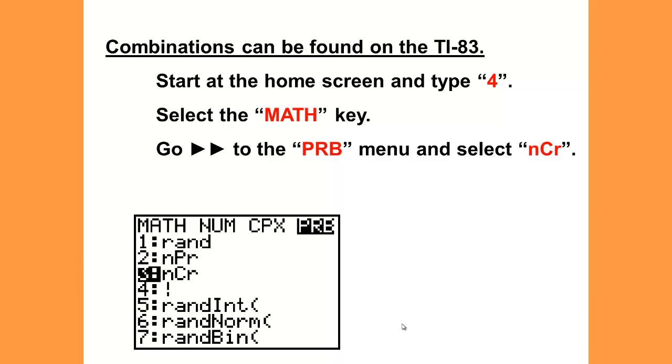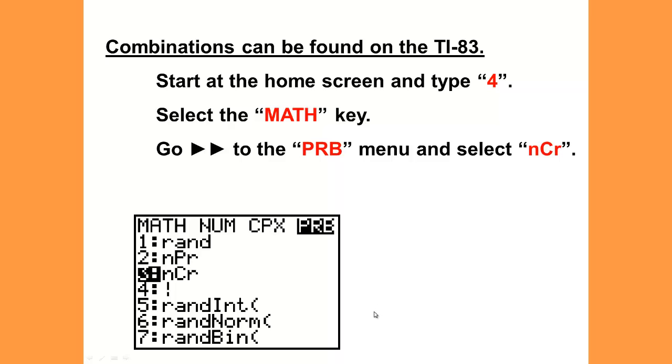Combinations can be found on the TI-83 or the TI-83 Plus or the TI-84 by following these steps. Start at the home screen and type 4. That's to tell what the total number is.